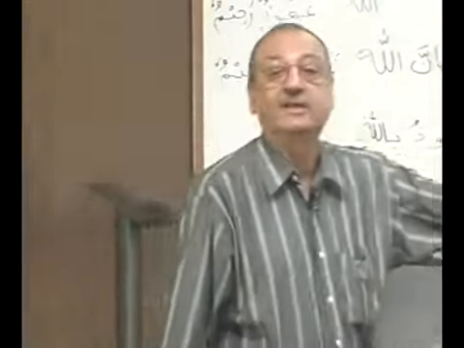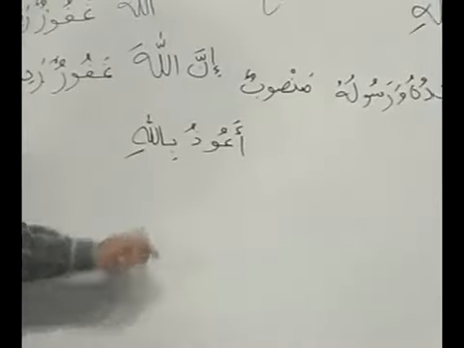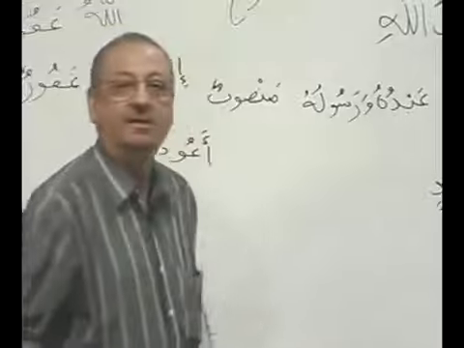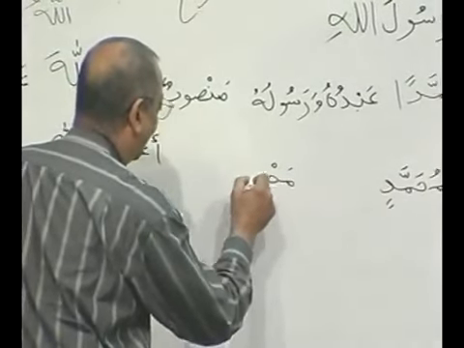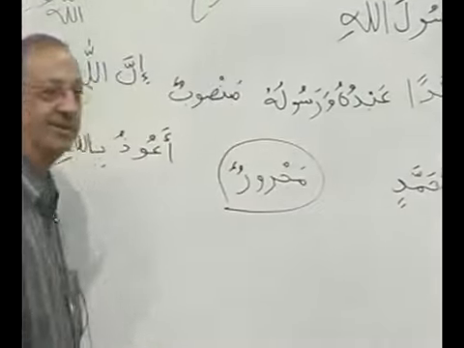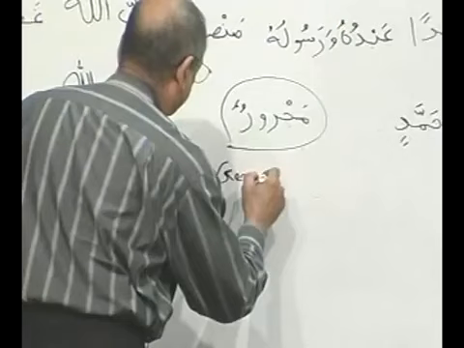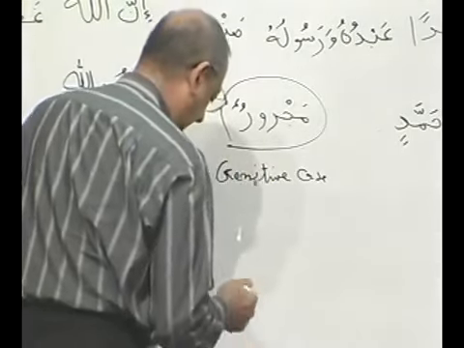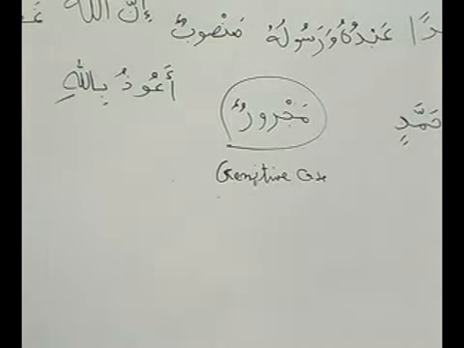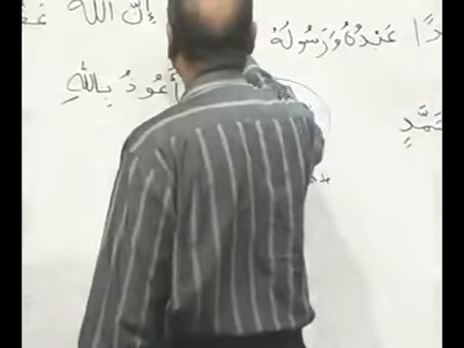Now if the noun ends with a kasra, be it a tanween or one, we will say the noun is majroor. Not majboor, majroor. Okay? Majroor, majroorun. Are you with me? And in English it is called genitive case. Yes, it's genitive case. And mansoob is also accusative case.